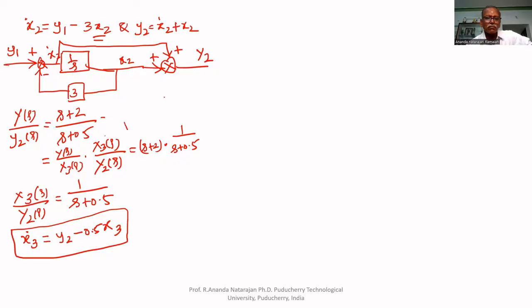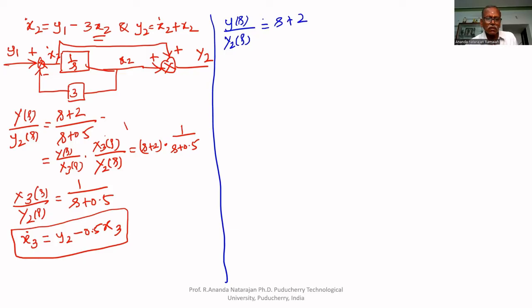Consider the second part. What is that second part? y of s upon x3 of s equal to s plus 2, or y of s equal to s x3 of s plus 2 x3 of s.